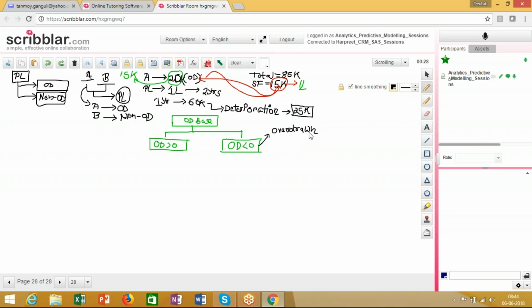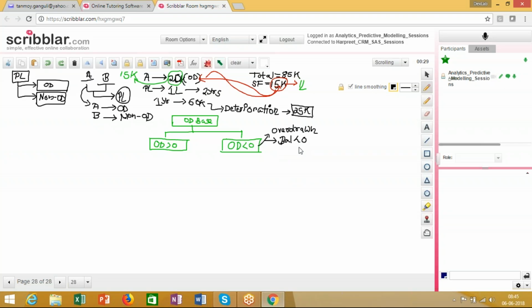While I talk about this overdrawn current account, when I say that a current account has been overdrawn, what I mean is that the OD balance is negative. If I talk about the balance variable, the balance value is negative.